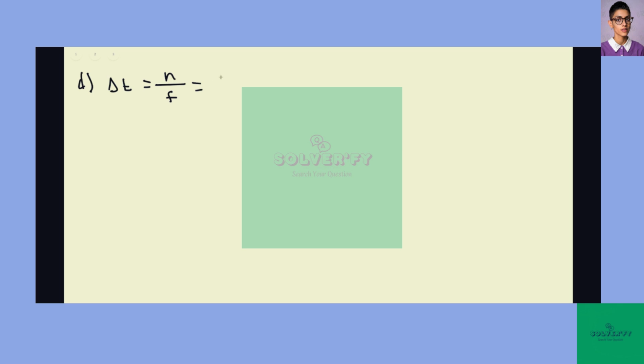N in part C is 273 revolutions, divided by the frequency, which is 5.4 times 10 to the 6th revolutions per second. It's equal to 5.1 times 10 to the minus 6 seconds, or 5.1 microseconds.